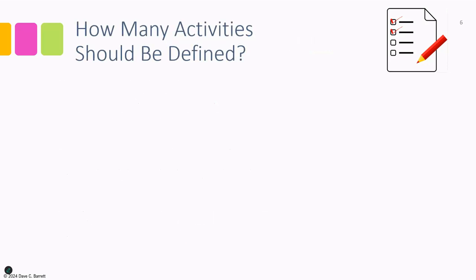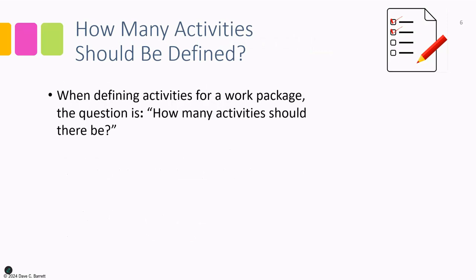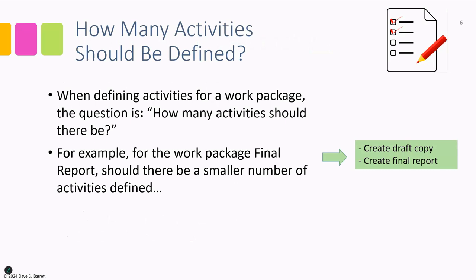Now, there's always a question of, for each work package, how many activities should be defined? So what is the answer to that? For example, if we had a work package, final report, should there be a small number of activities?